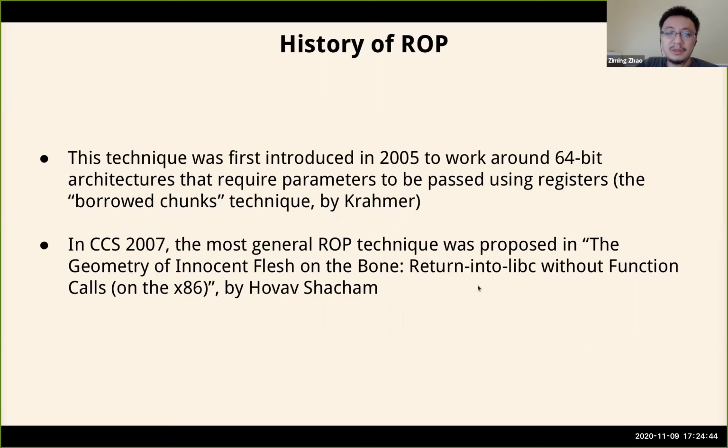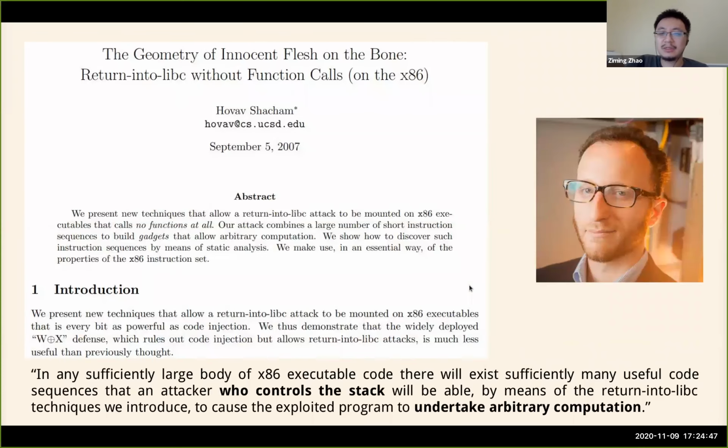So the CCS 2007 paper was titled The Geometry of Innocent Flesh on the Bone: Return-into-libc without Function Calls on the x86. That was the original title of the CCS paper. It was a single author paper from Professor Hovav Shacham. I don't really know how to pronounce his name.